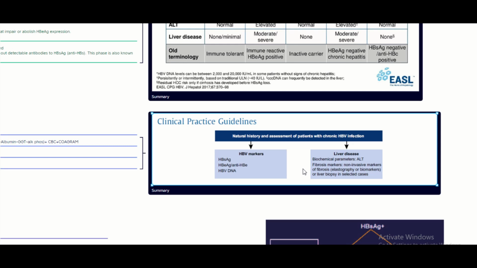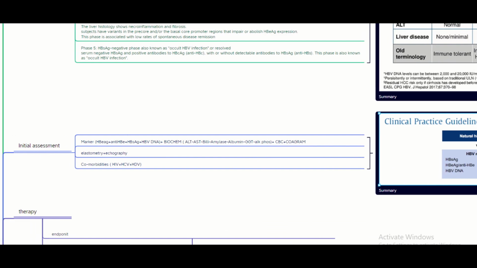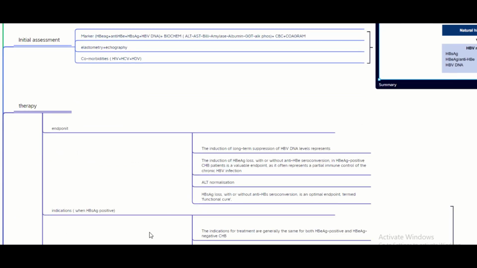After we have made the initial assessment, we can go into therapy. The goals of our therapy are the induction of long-term suppression of HBV DNA levels. It is to get our patient into an inactive carrier state, which is an HBe negative chronic infection.